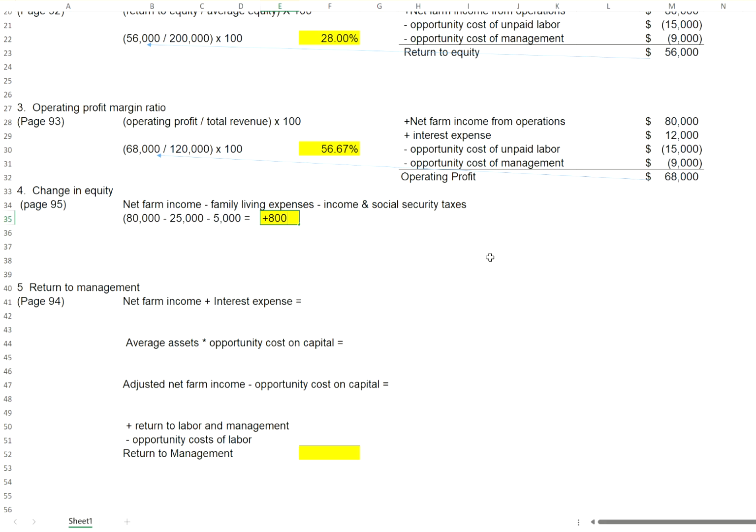Okay, so 80,000 minus 25,000 minus 5,000 gives us $50,000. And we'll go ahead and format that with a dollar sign.